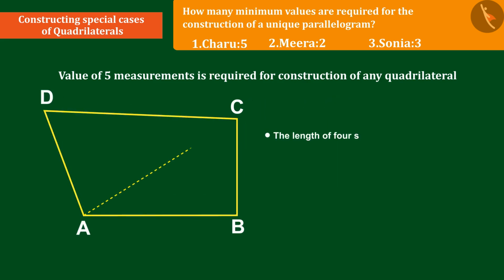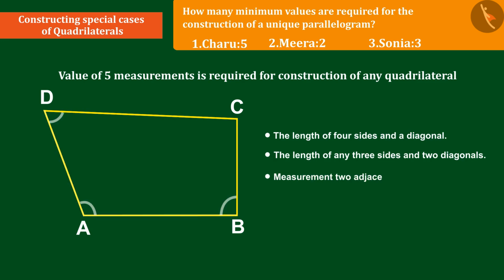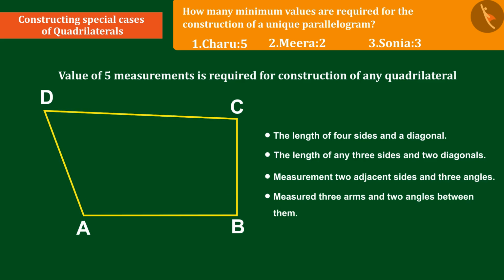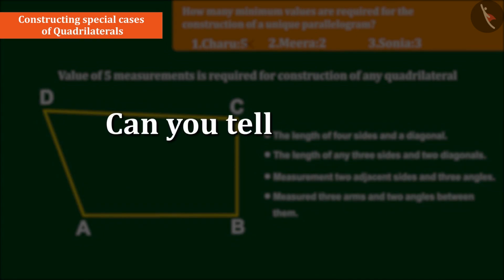Length of 4 sides and a diagonal, length of 3 sides and 2 diagonals, measurement of 2 adjacent sides and 3 angles, measures of 3 sides and 2 angles between them. Hence, Charu selected option 1, which is the wrong answer. Meera thinks that option 2 is the correct answer. Can you tell why she thinks so?